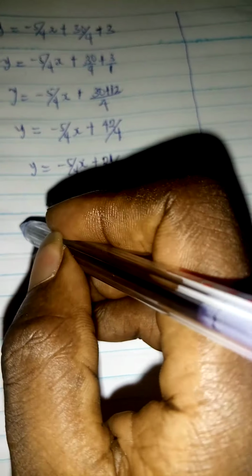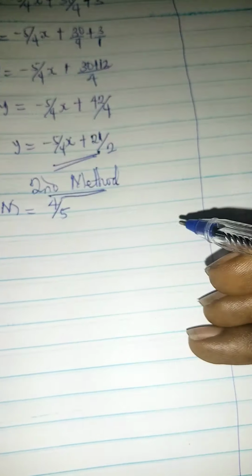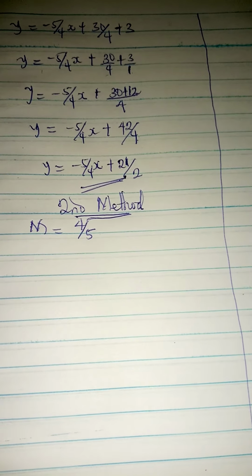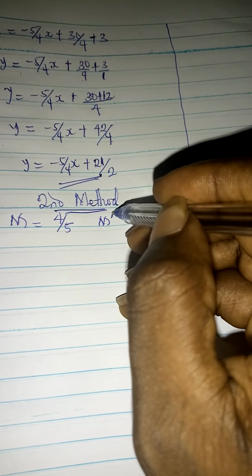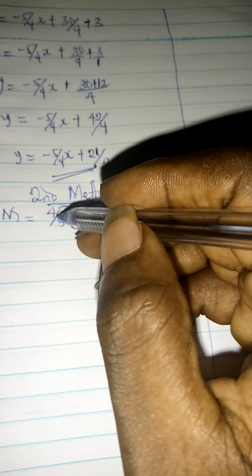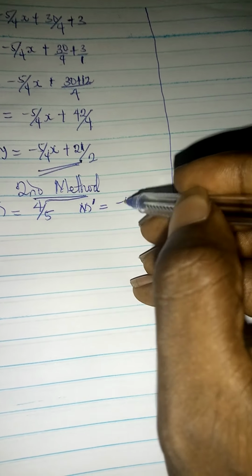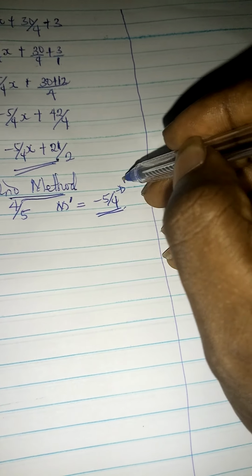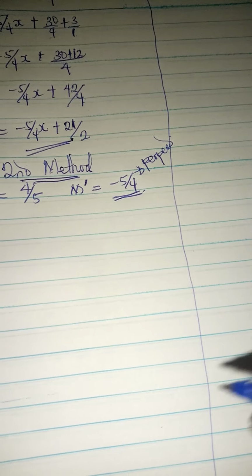Our slope is m equals 4 over 5. But because the question says they are perpendicular to the line, that will now be m prime, which is the negative reciprocal of the main slope, which is minus 5 over 4. So remember, this is referring to perpendicularity.